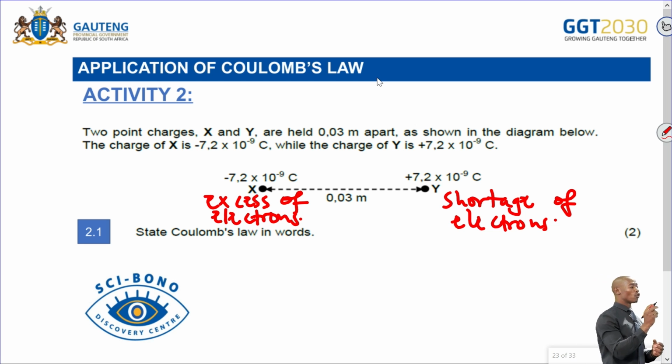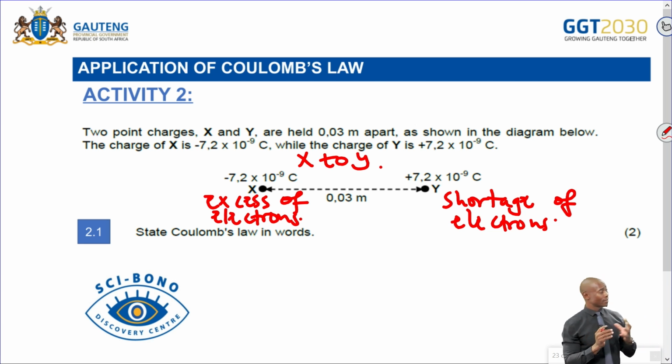So electrons were going to be transferred from X to Y. From the one with excess of electrons to the one with shortage of electrons. Okay? So the one with excess of electrons is the negatively charged one. The one with shortage of electrons is the positively charged one, right?